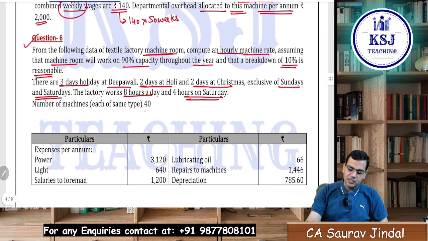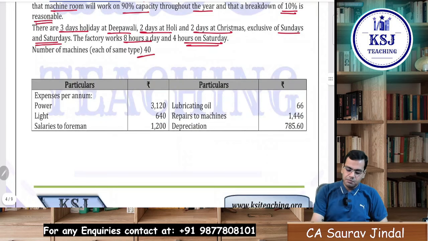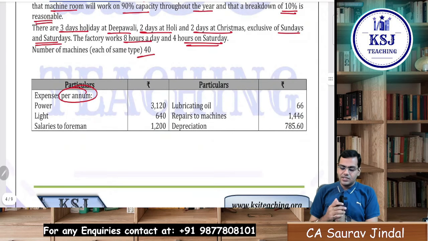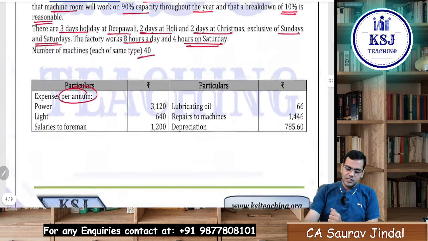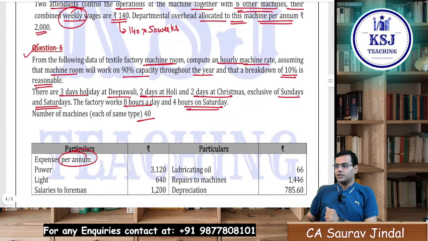The number of machines is 40. The expenses per annum are given: power, light, salaries, lubricating oil, repairs to the machine and depreciation. You are required to calculate the machine hour rate for the whole machine room. These expenses are given for the machine room, not for one machine.